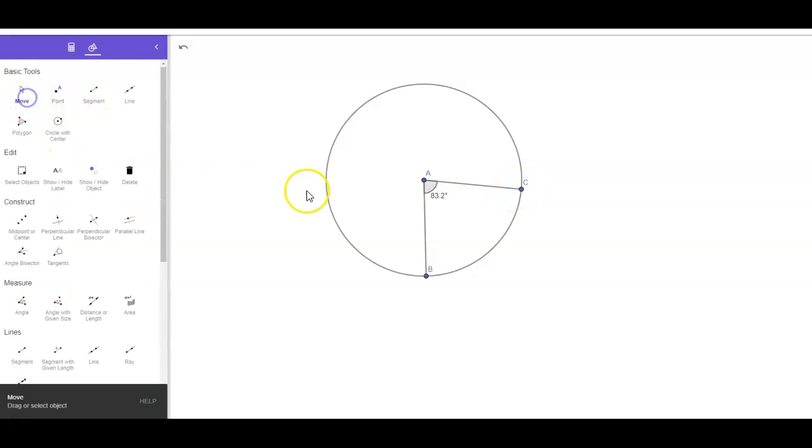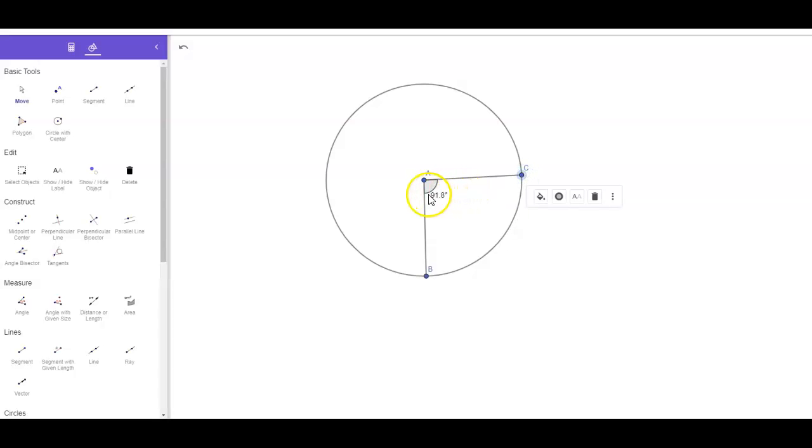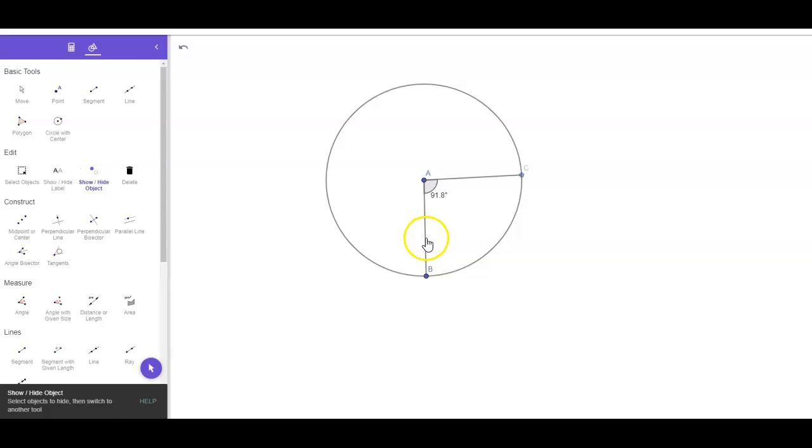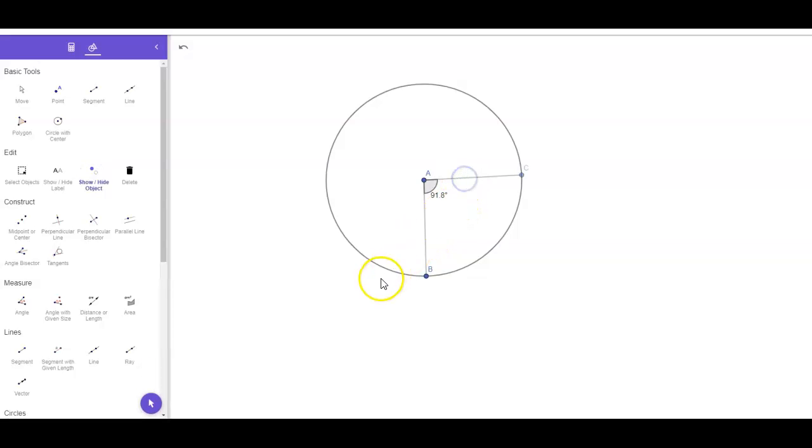GeoGebra doesn't allow us to show that connection, but you have to understand that if this angle is 91.8, the measure in degrees from this point to this point is 91.8 degrees. Now, I'm going to hide these radii.